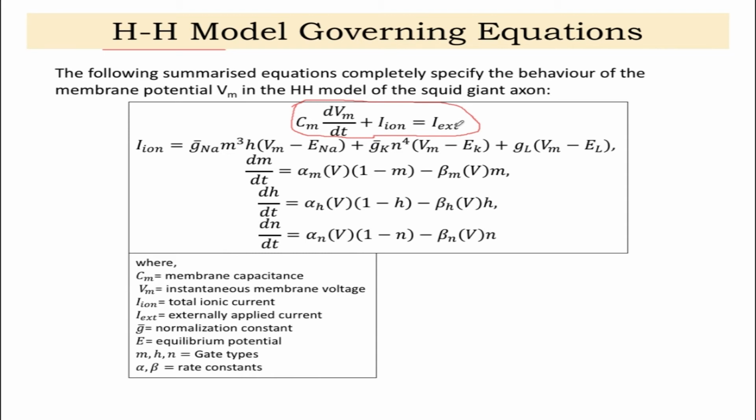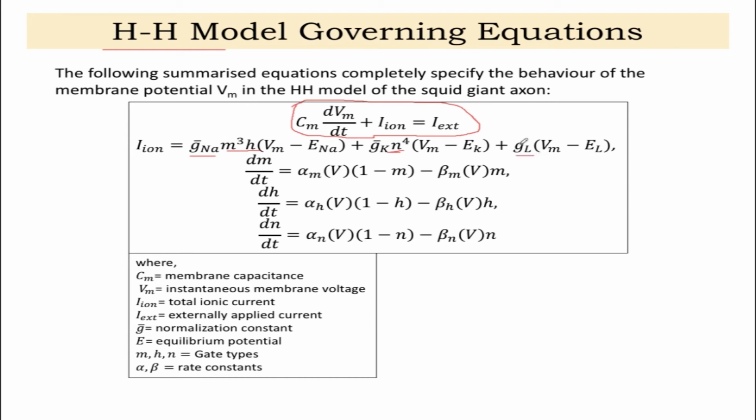Now the I ion itself, as I told you, will have three parts in it. One part, the sodium part, which is governed by m cubed h, if it equals 1, there is a sodium current, then there is a potassium current which is governed by n to the power 4, and then there is a leakage current, GL.